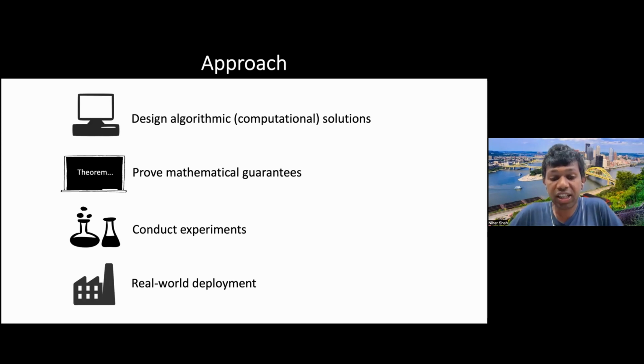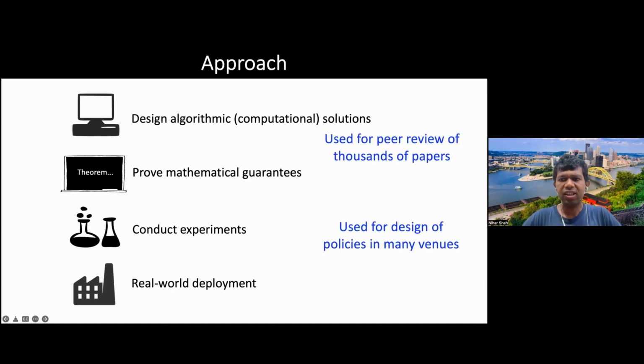We also conduct insightful experiments in order to give proper evidence-based guidance towards designing peer review policies. And then we also help various stakeholders in real-world deployment of any of these algorithms for designing policies, etc. And our work has been used for peer review of tens of thousands of papers, and used for design of peer review policies in many venues.